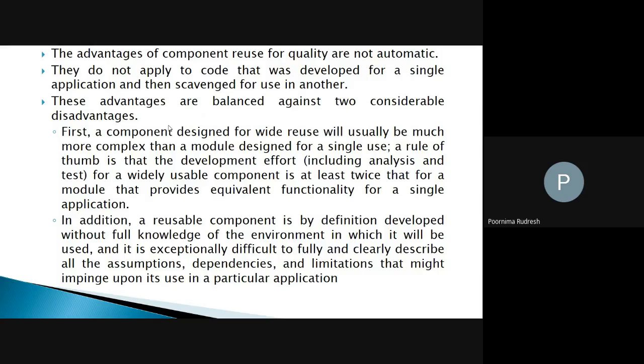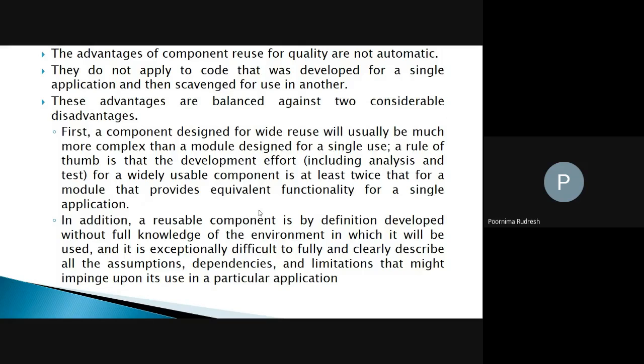For a widely usable component, the effort is at least twice that for a module that provides equivalent functionality for a single application. So if the component is a reusable one, we develop that component by definition without considering the full knowledge of the environment.